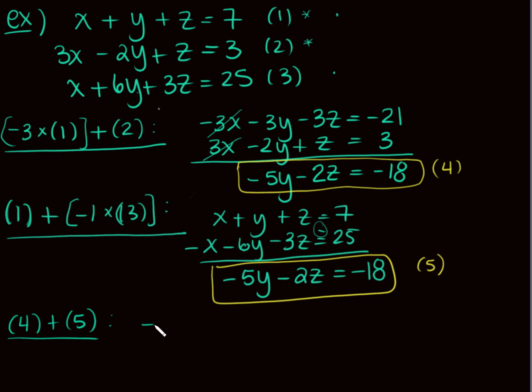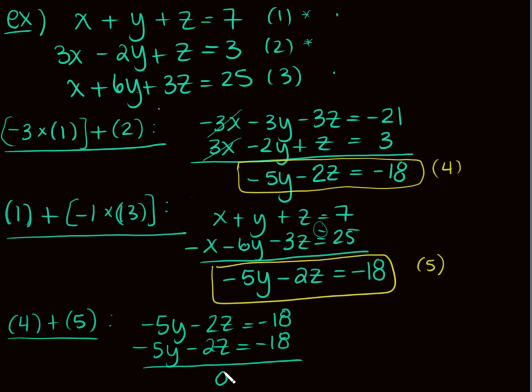If I add 4 and 5, what you're going to see is this is going to be a dependent solution. If you remember those dependent solutions back when we talked about equations of two variables, because look at what happens. I get 0 equals 0. If you ever take linear algebra, we have something called a free variable.